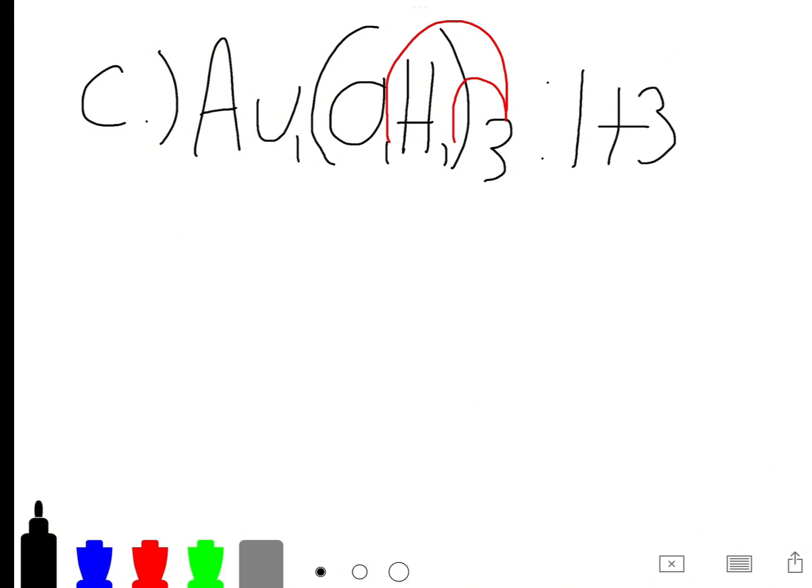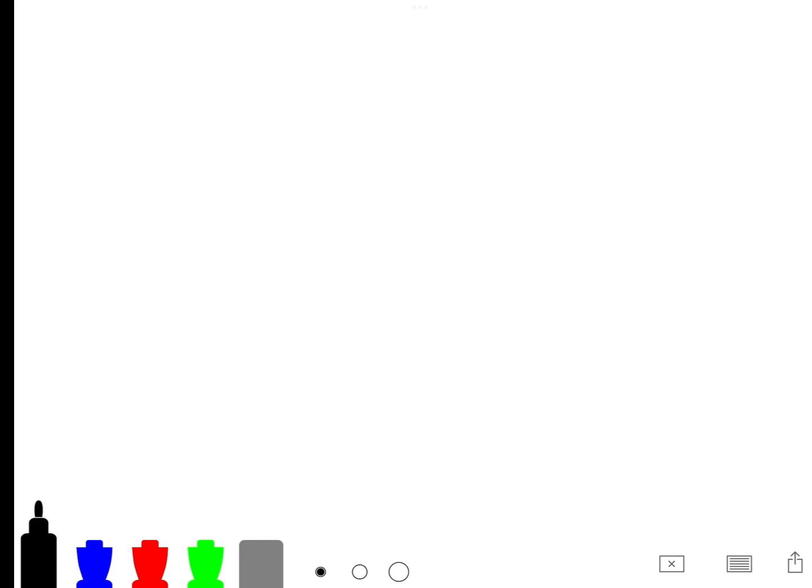And then 1 times 3 is 3. 1 plus 3 plus 3 is 7. So you have 7 total atoms in this compound.